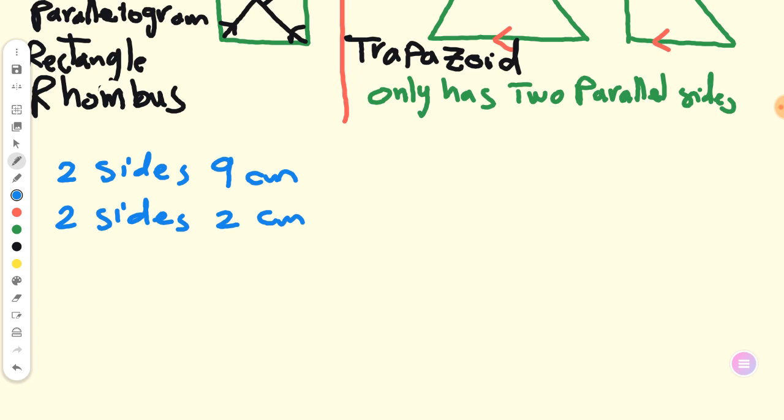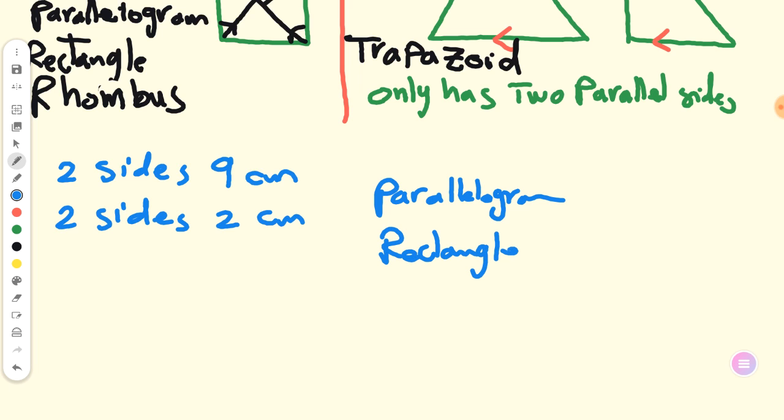Each two opposite sides are equal. We can call it a parallelogram. We can call it a rectangle. But we can't call it a square because in a square all sides are equal.